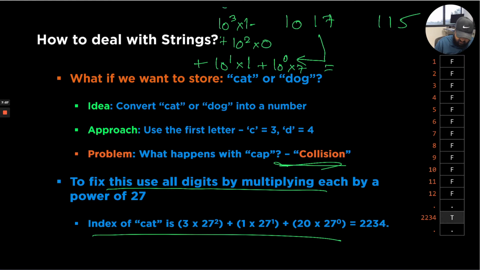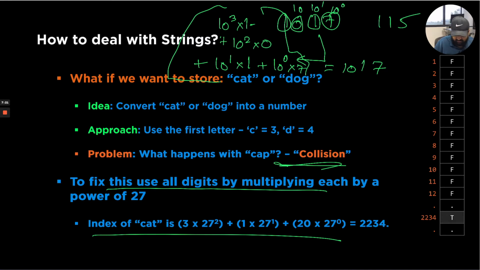If we sum all of these, we get 1017. So you have these digits and you're multiplying each of them by powers of 10, which increase from right to left.